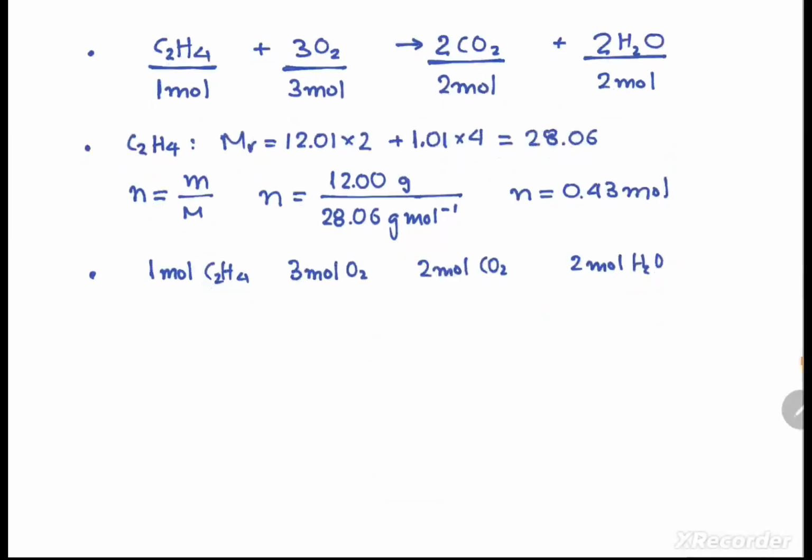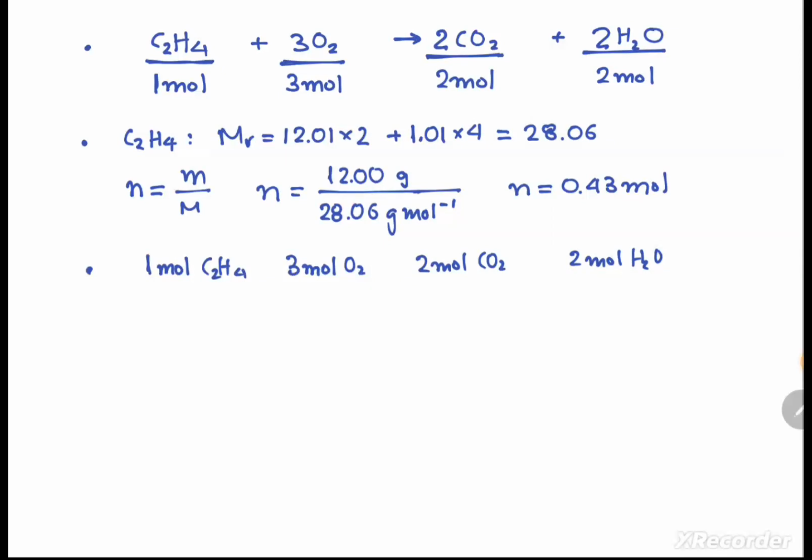The experimental data is that we have 0.43 mole of ethylene, so we have B mole oxygen, C mole carbon dioxide, and D mole water.